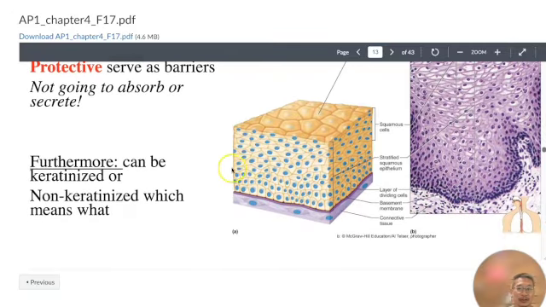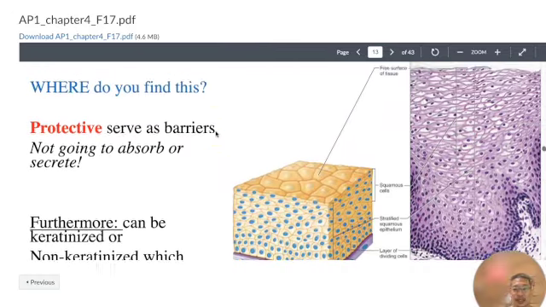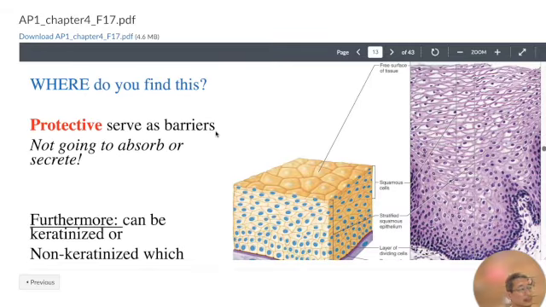We're going to learn them and go through them as they reproduce and do mitosis. They're going to push the cells up and up and up. And up here, they are already dead. As you know, we shed a lot of skin. It's a type of protection.